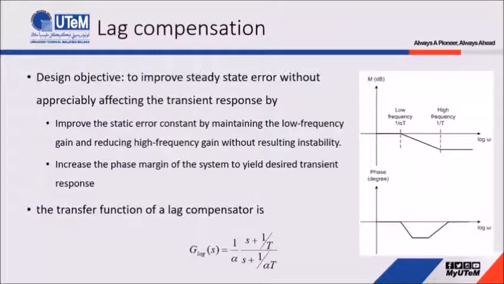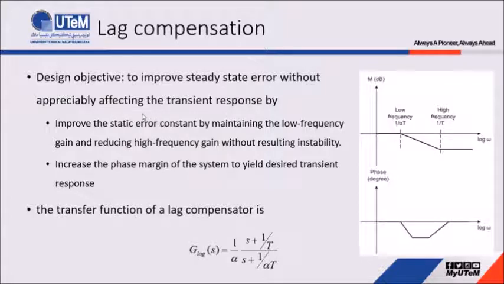Okay, now we go to the next compensator, which is lag compensation. The objective of lag compensation is to improve steady state error without appreciably affecting the transient response. That means we want to make sure the steady state error becomes minimum, close to 0, and at the same time the transient response of the system retains its previous performance.